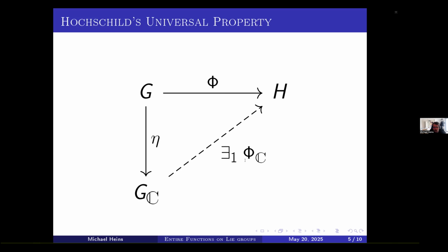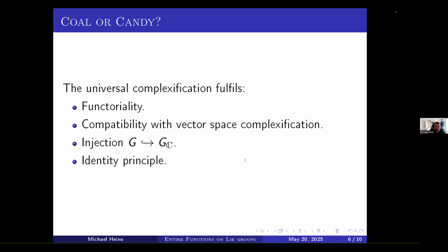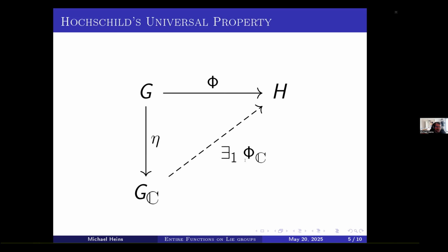Anyhow, let's check in on our wish list. Did we get coal or did we get candy? It's a mixed bag. You have to be careful. There's some coal in there. I tasted some. So again, I've just copied what I had on the other slide, and we just go through it one by one. Okay, it's functorial. Life is good. So going back to the diagram, the uniqueness is obvious to everyone who has done a single diagram kind of uniqueness proof.